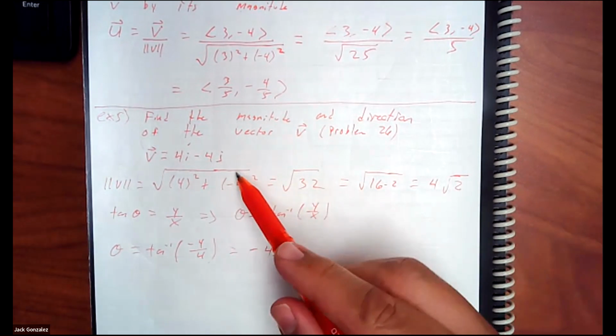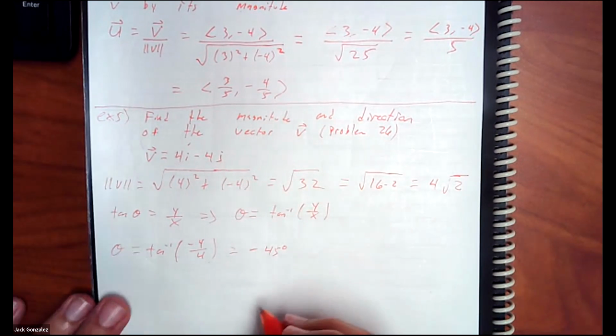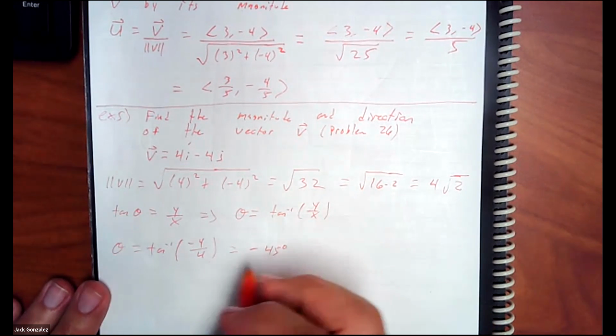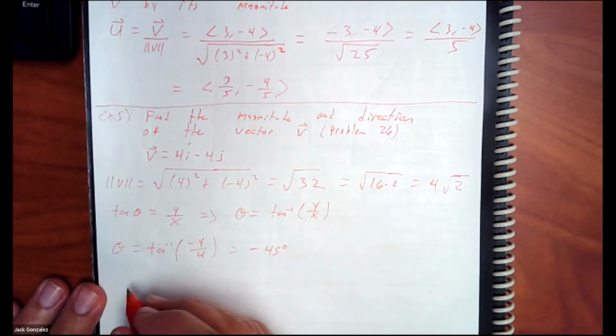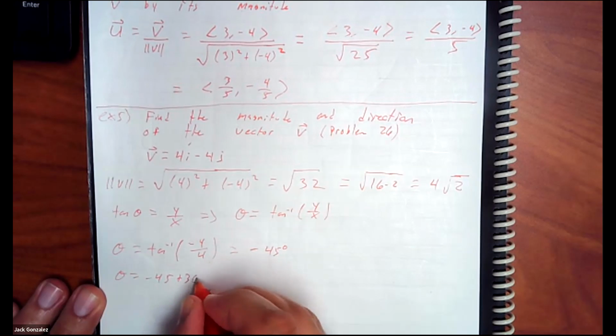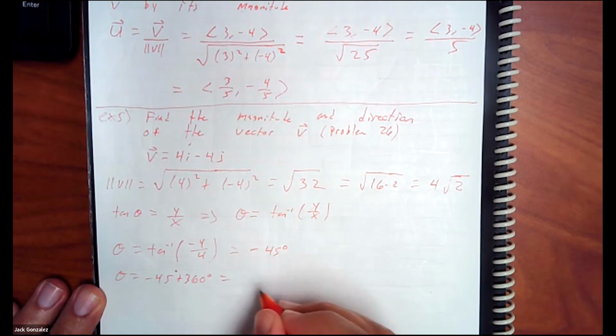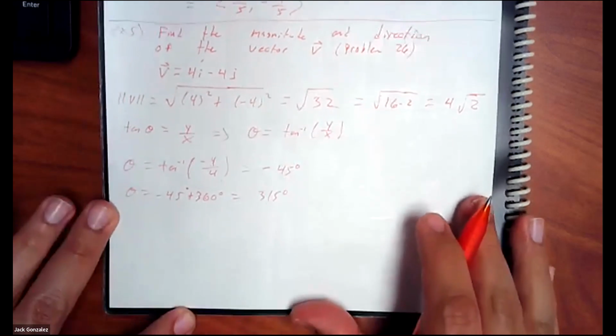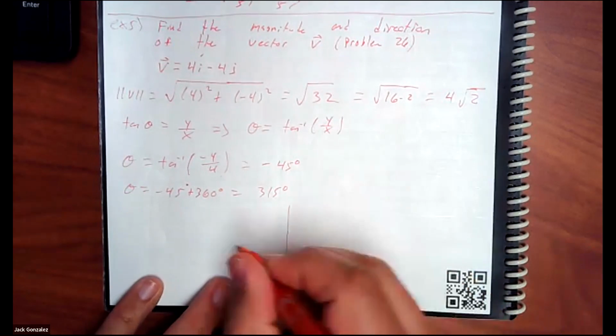And if you were to graph this, you would technically see it, right? And if you add 360, you'd have the positive version. Anyway, they're both the same.